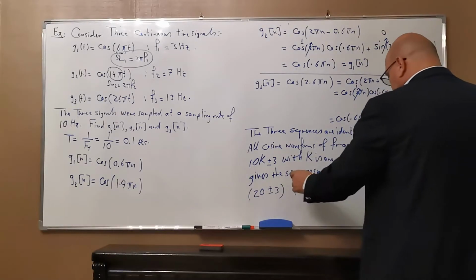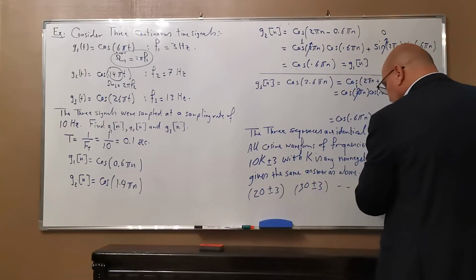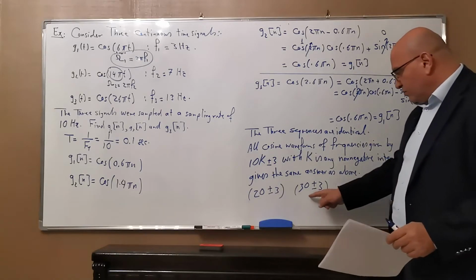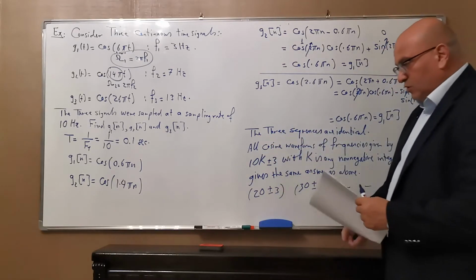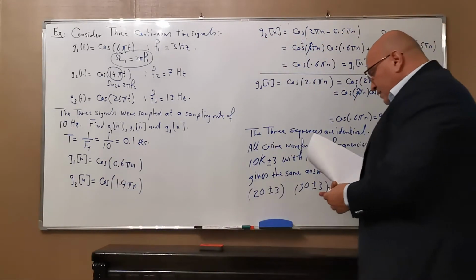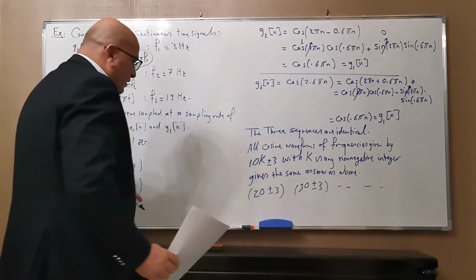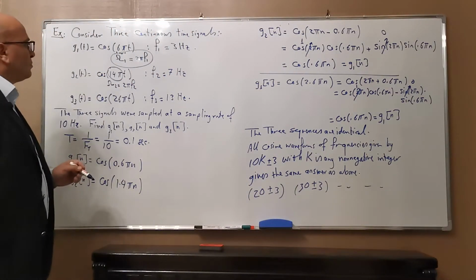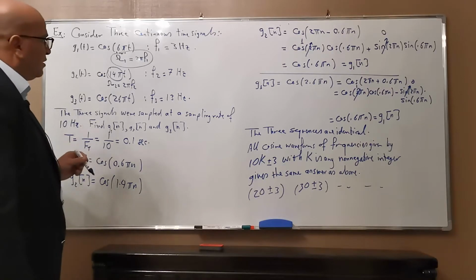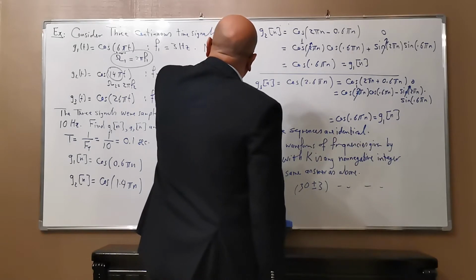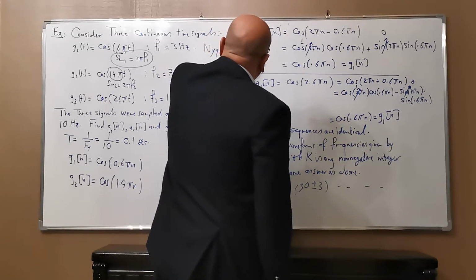And so all those frequencies will give you g1 of n, which is here. The reason why is this. Notice that if you still remember from communication courses, there is something called the Nyquist rate.